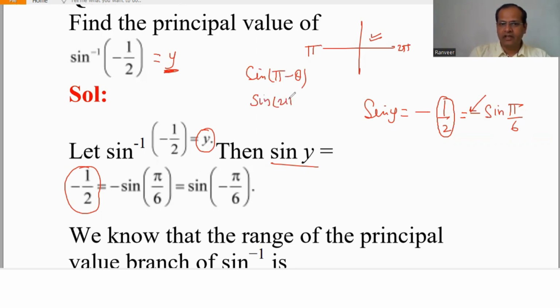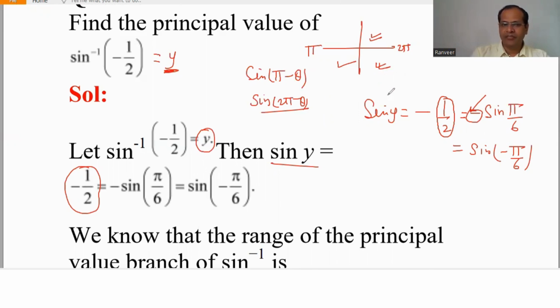Since the value is negative, it is either in the third or fourth quadrant. So simply we can write sine of minus pi by 6. This value, sine minus theta, is minus sine theta.